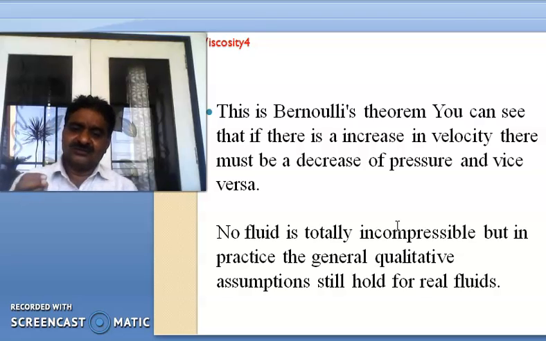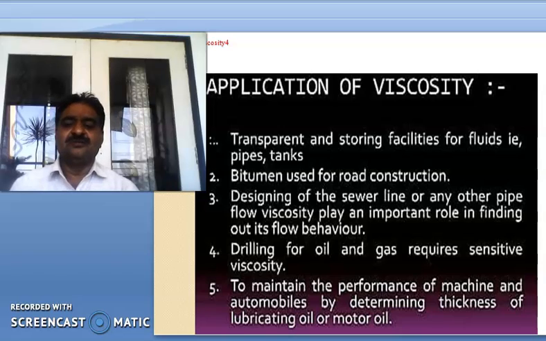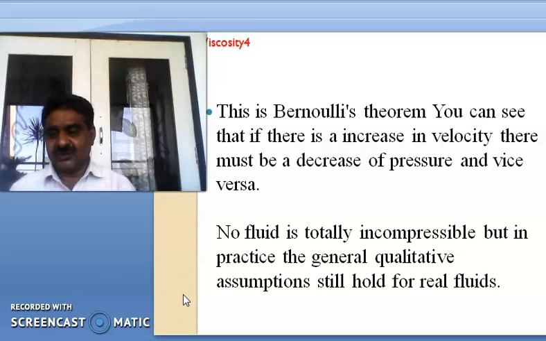It is slightly compressible, but not totally incompressible. In practice, the general qualitative assumptions still hold for real fluids. But while doing the proof, we have to assume that the fluid is incompressible.